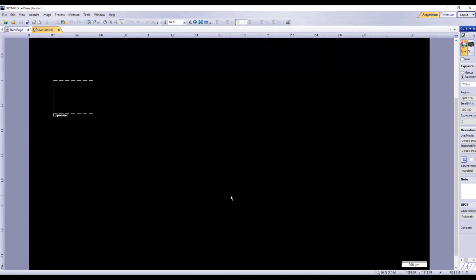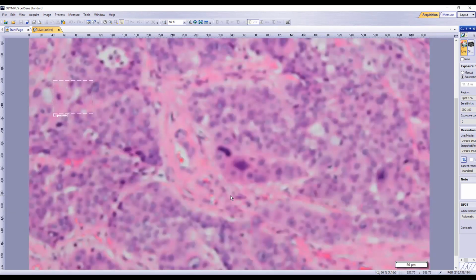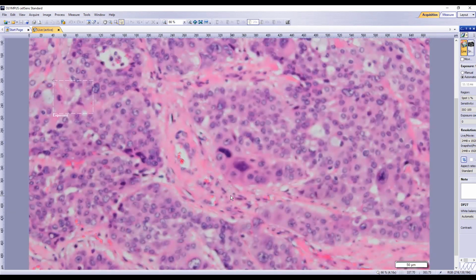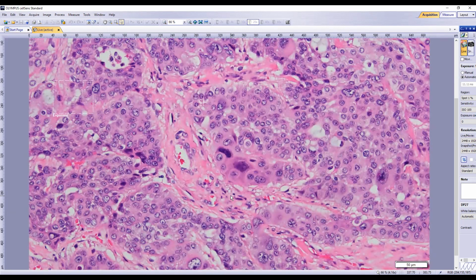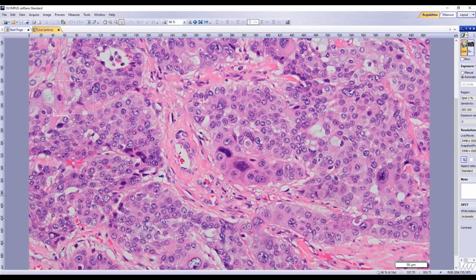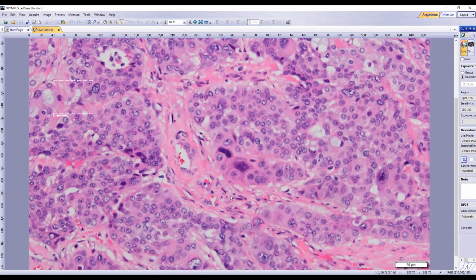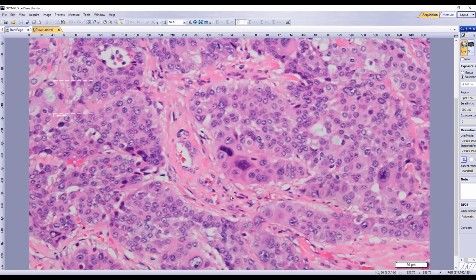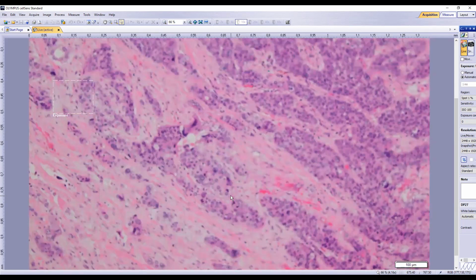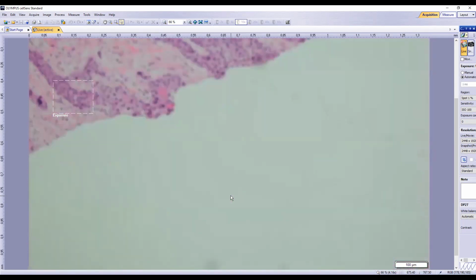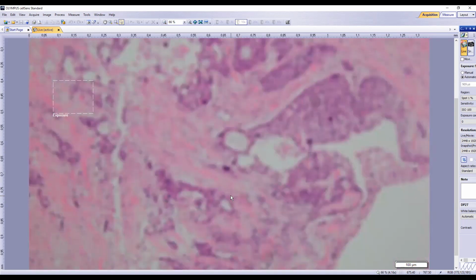When you go closely and look at it, how does this morphology look? Neuroendocrine. Squamoid. Yeah, someone said squamoid. So this is actually adenosquamous carcinoma of the pancreas.